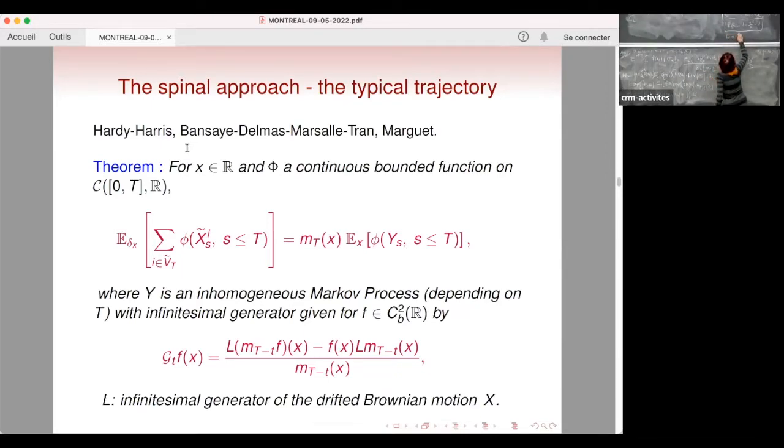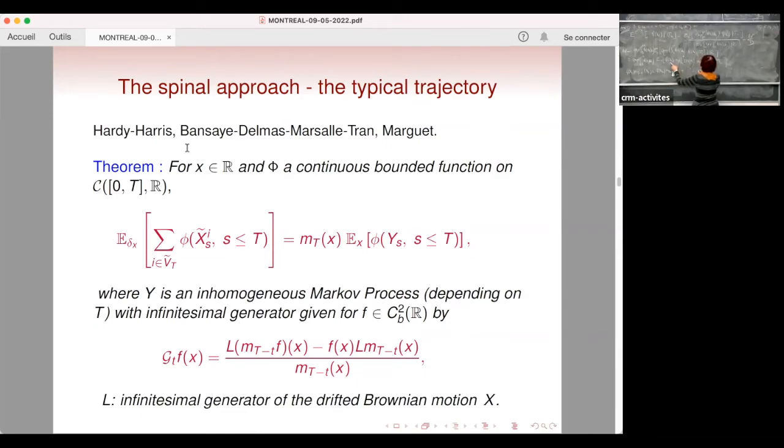L is sigma squared over 2 d2 over dx2 minus sigma c d over dx. It's the generator of the drifted Brownian motion, with variance sigma squared and drift sigma c. But I keep this expression capital L. Yes, it was written here.